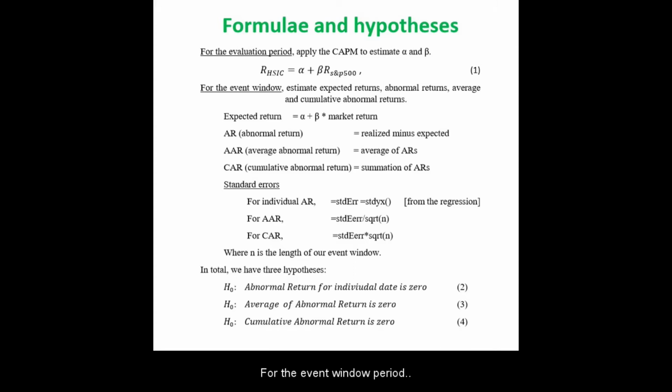For the event window period, we estimate expected return, abnormal return, average abnormal return, and the cumulative abnormal return. Expected return is defined as alpha plus beta times market return.